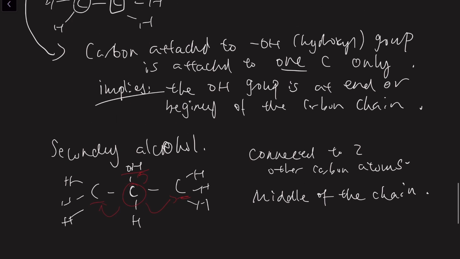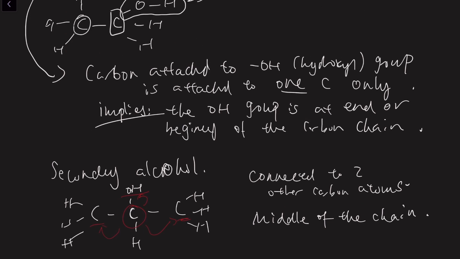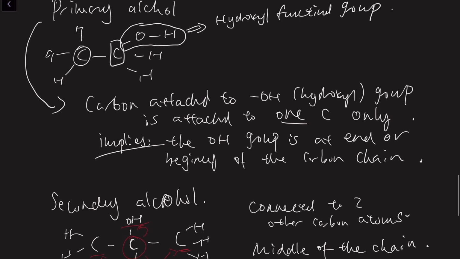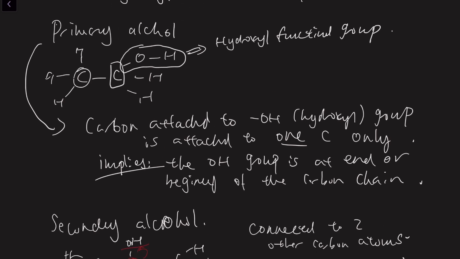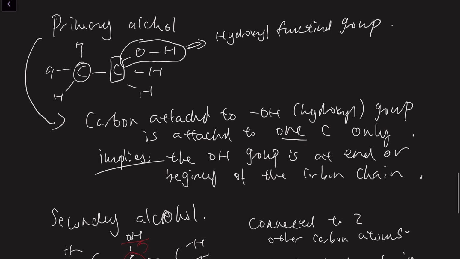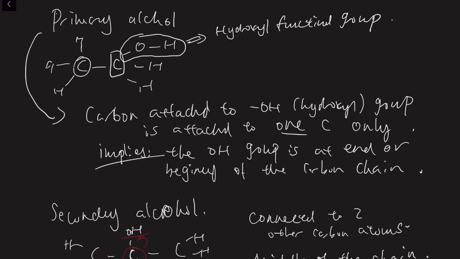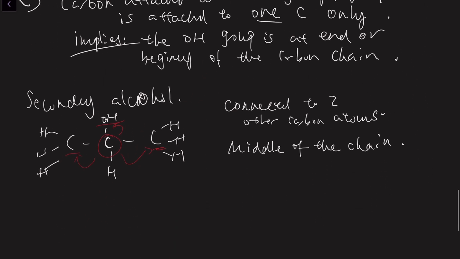Because it is only possible for the carbon atom to be connected to two carbon atoms, one on the left, one on the right, when it is in the middle of the chain. If it is at the end of the chain, we know that it will be connected to two hydrogens and only one carbon. So that's why when you have a primary alcohol, you know 100% the hydroxyl functional group is located at the end or beginning of the chain. And the end or beginning is really the same thing, depending on your perspective.